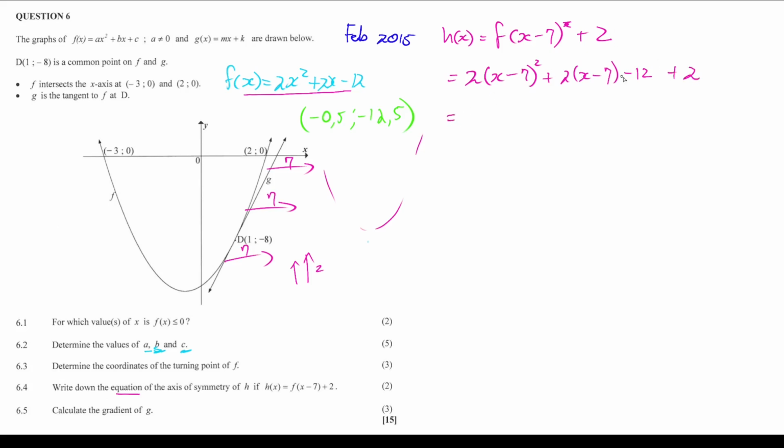And so now we have to expand everything. This is 2x minus 7, x minus 7, plus 2 times 7, 2x minus 14.